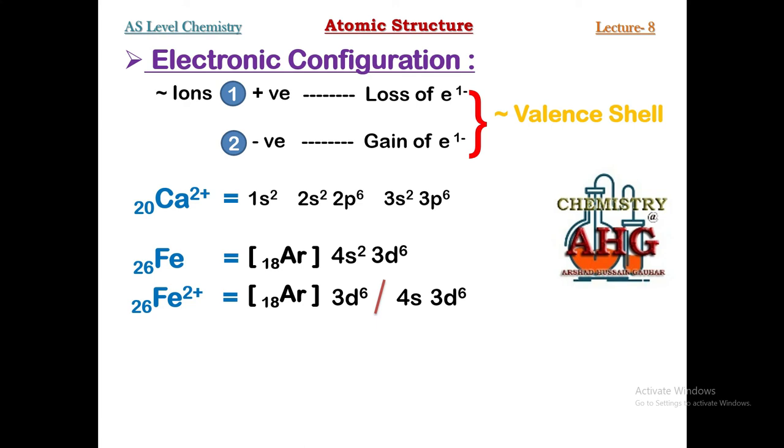Now one more example: write the electronic configuration for Br1-. The atomic number of Br is 35, but it is 1 minus, so it has gained one electron. Its total number of electrons will now become 36. So we are supposed to write the electronic configuration for 36 electrons.